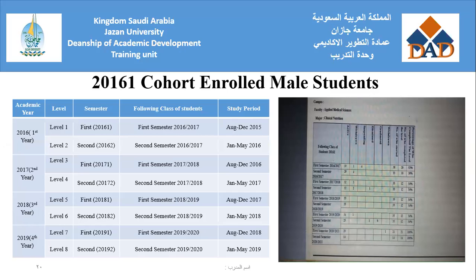From this information, we made a cohort analysis report. So here, 2016 first semester admissions. In the same way, the 2016 second semester admission sheet we can also get. So for a year, for the male section I will get 2 sheets, for the female section 2 sheets, and for the branch 2 sheets, depending on how many sections you have.